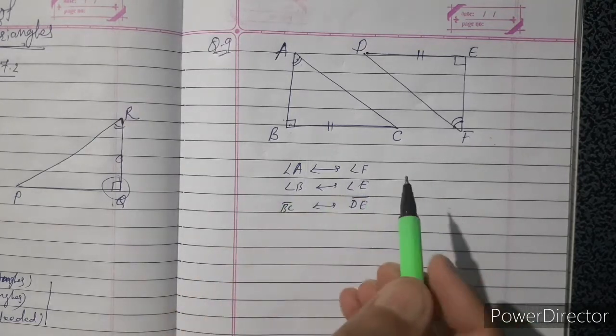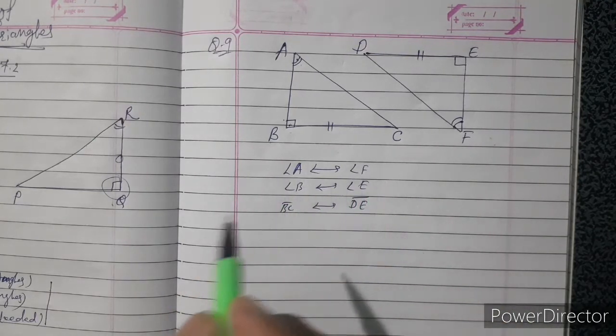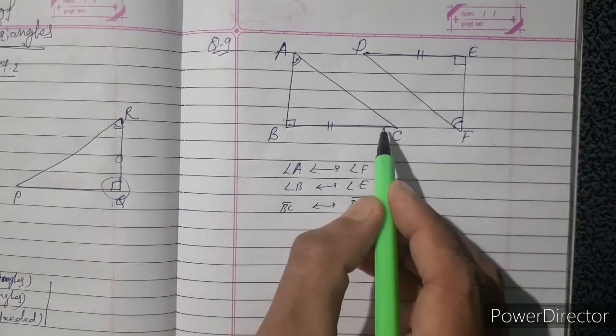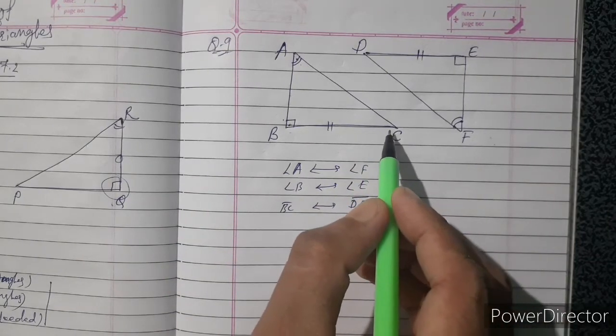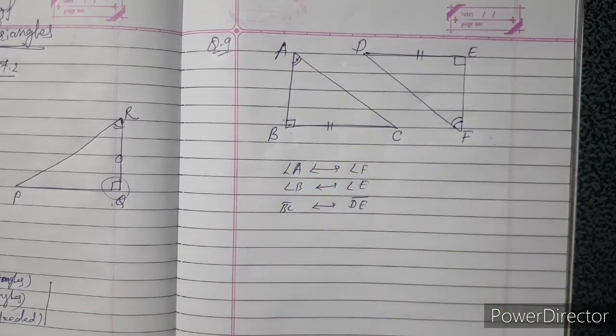So you just take A as congruent. According to that, it is compulsory to show that C and D are equal.